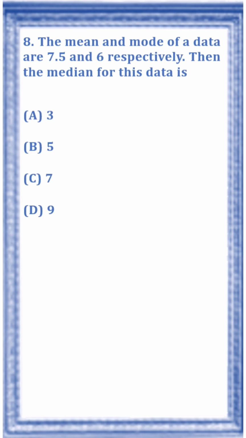Now the eighth question. The mean and mode of a data are 7.5 and 6 respectively. Then the median for this data is. We know the relationship: 3 median is equal to mode plus 2 mean. Mode here is 6.